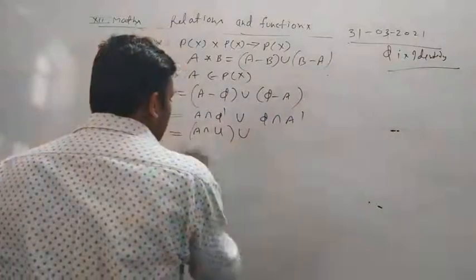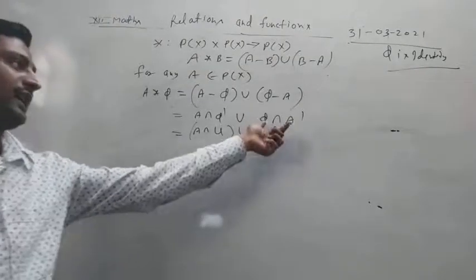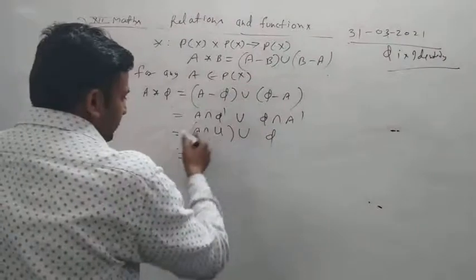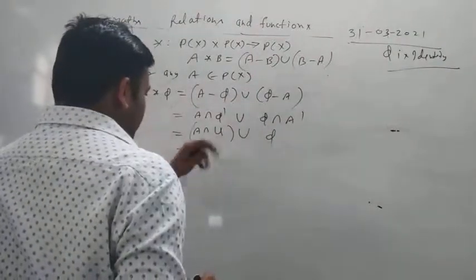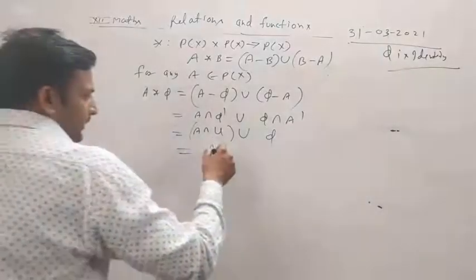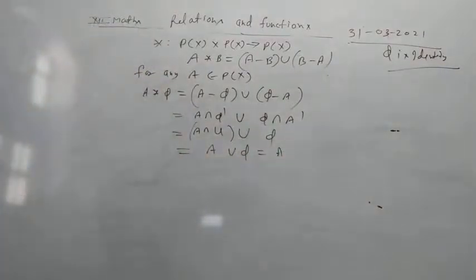So this will be equal to phi, taking common between phi and A dash. Now here this is A intersection U, so this is equal to A, and union phi, so this is equal to A.